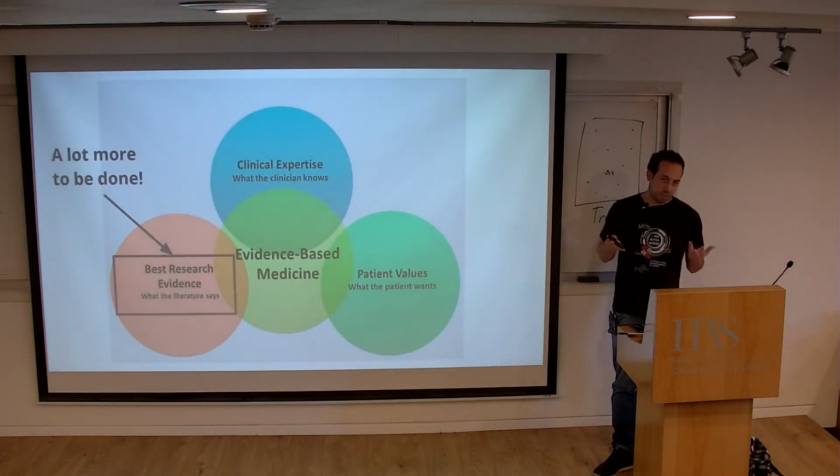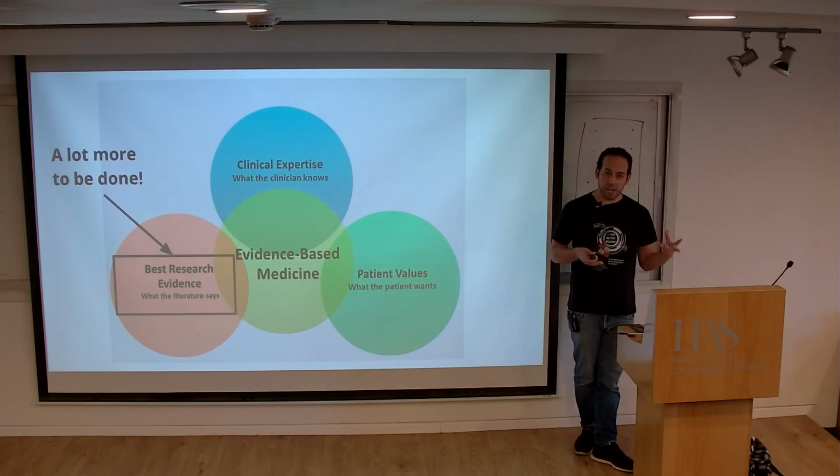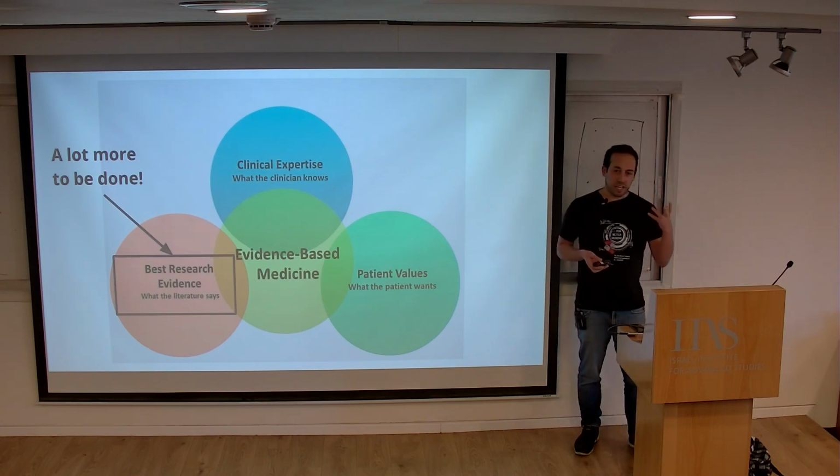So what this tells us, and reasonable interpretation, is that on the one hand, clinicians have a lot of questions for external knowledge and from the literature. They need this knowledge.